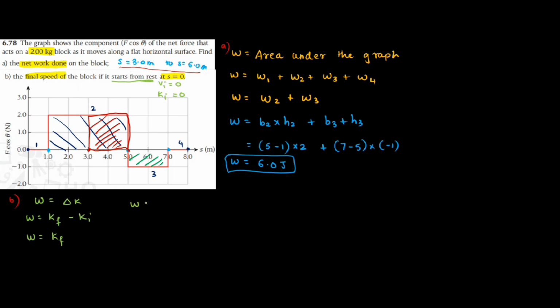So work will be equal to half m v final squared. We can rearrange this to write for v final. We will multiply by 2 and divide by m, then take the square root.